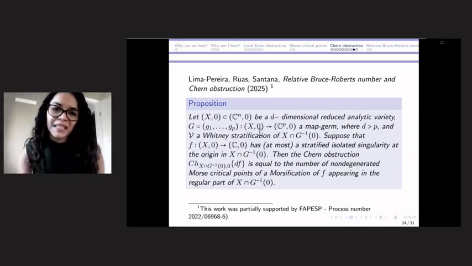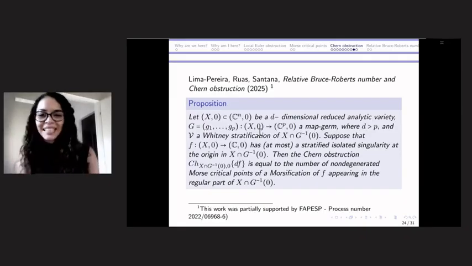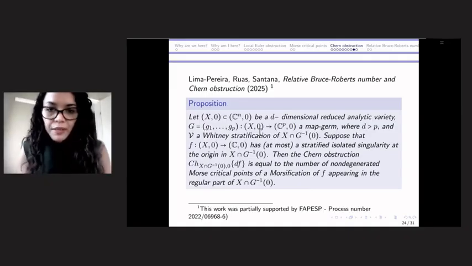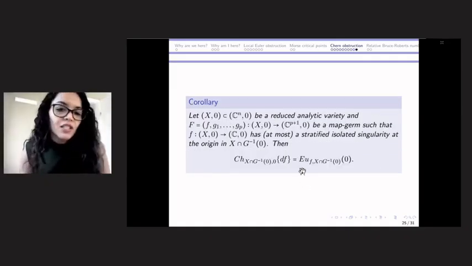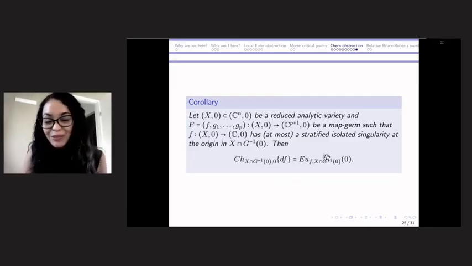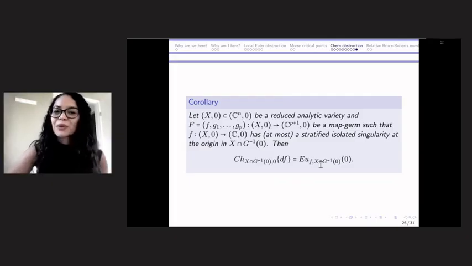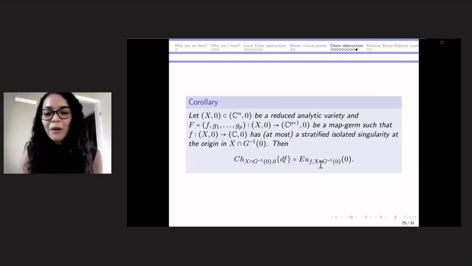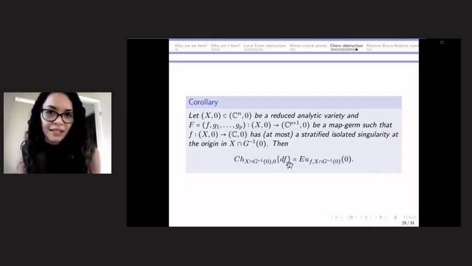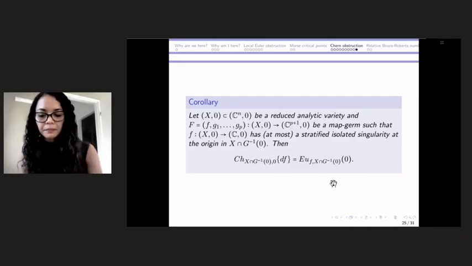There are some technical conditions that I'm not telling, that we need to check in order to make these computations and comparisons. And since, as I told you, the Euler obstruction of a function is a number of non-degenerate critical points, and we just saw that the Chern obstruction is also a number of non-degenerate critical points, this is only a clean way to say that this is the equality we have, all right?